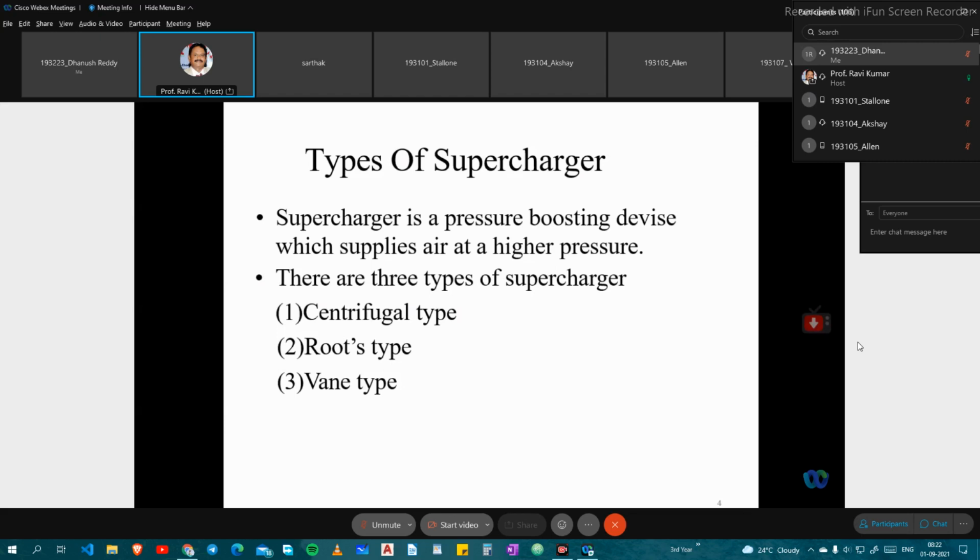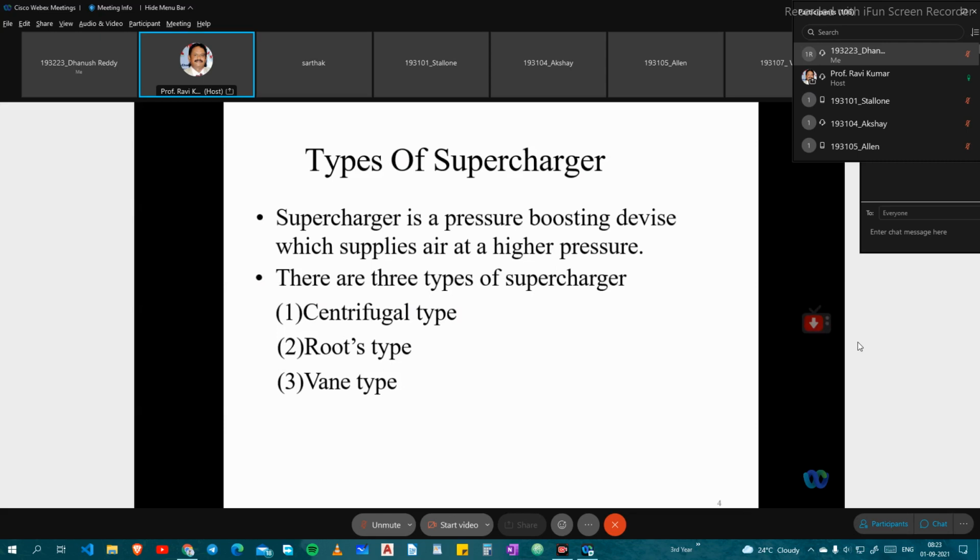This is a single cylinder engine. If you have a multi-cylinder engine, any engine can be connected to a supercharger. One supercharger is enough for a four-cylinder engine. If you connect a supercharger, whatever charge enters from the carburetor, or the air through the supercharger, will have its pressure, temperature, density and mass flow rate increased.